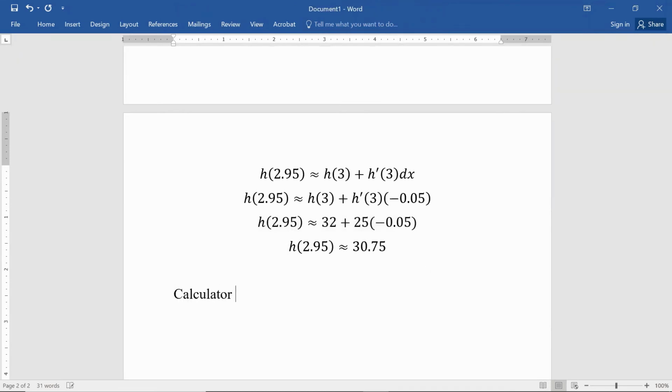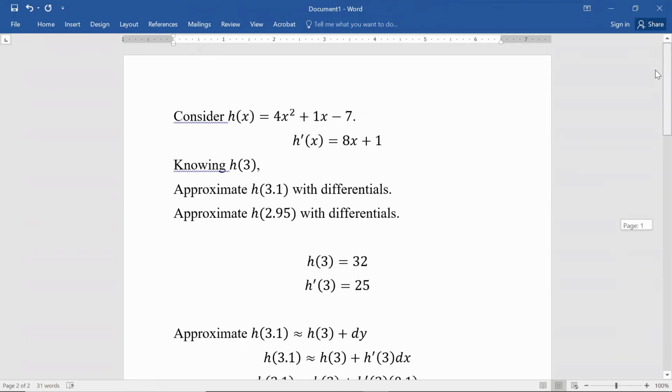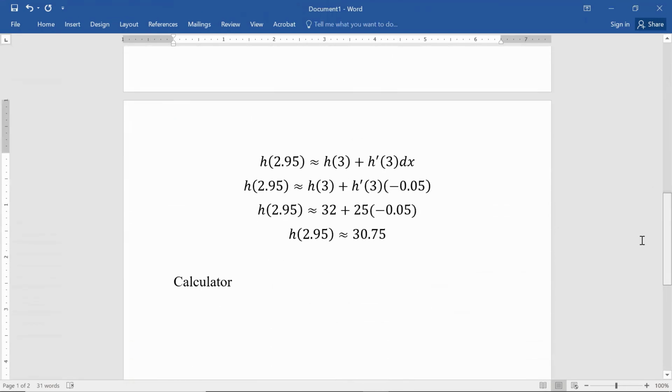When you plug 2.95 into your calculator into the original function h, what you'll see is your calculator gives out h of 2.95 is exactly equal to 30.76.